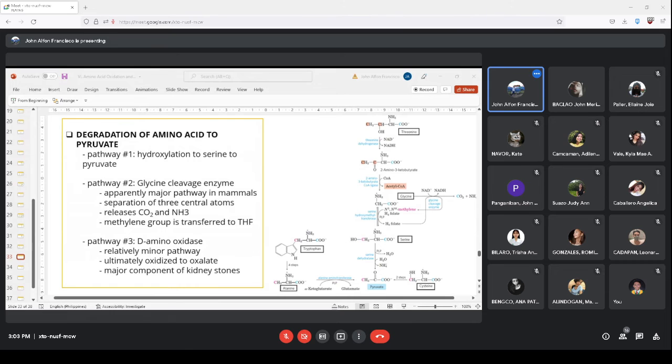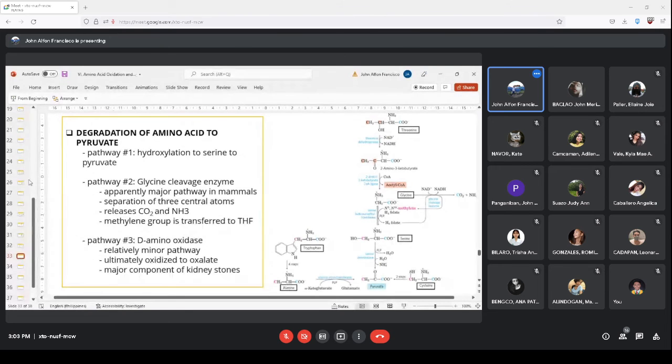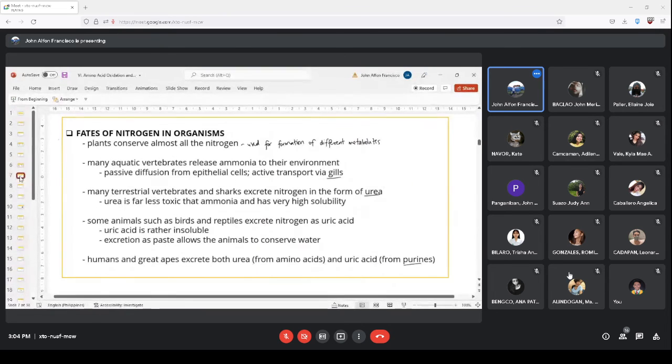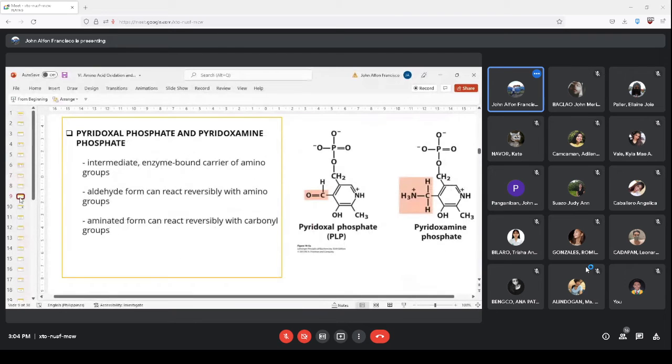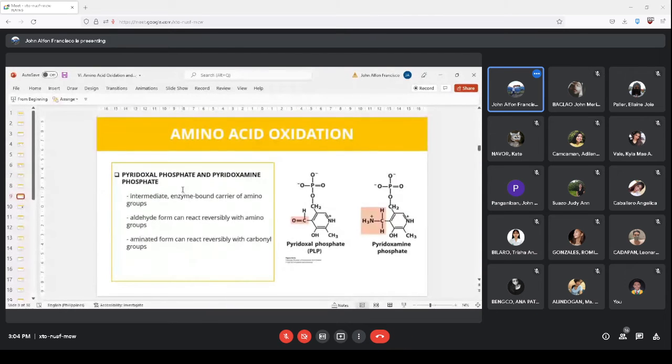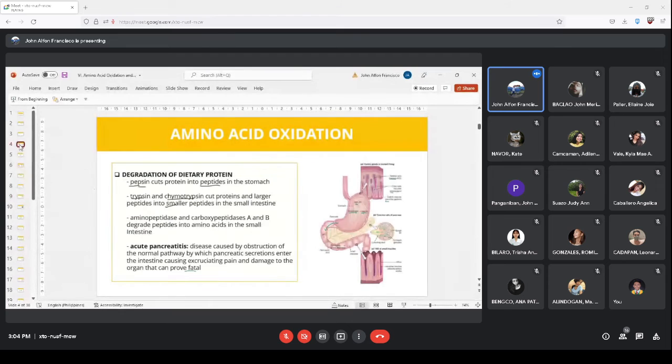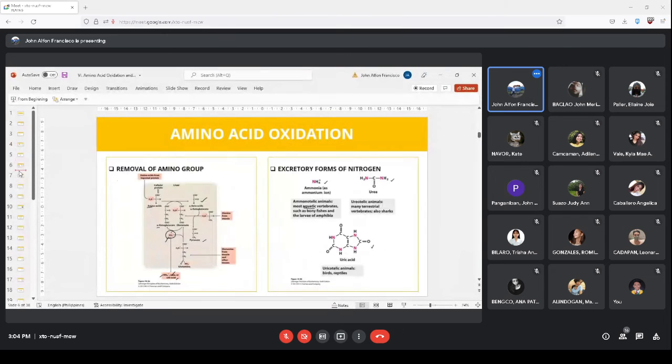Wait lang. Balikan natin yung slide. There are different pathways.